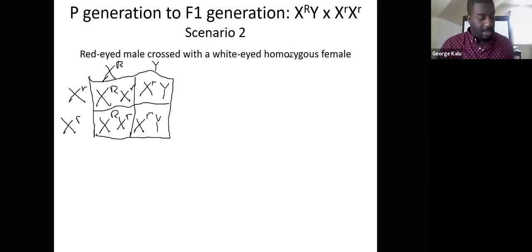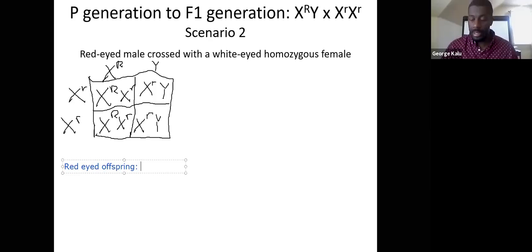Okay, so now based off of our Punnett square, we'll interpret this a little bit here as well. Let's start by taking a look at the offspring as a whole. Out of our offspring as a whole, how many will have red eyes? Right, we're going to have 50% because we see these two on the left are going to have the dominant allele.